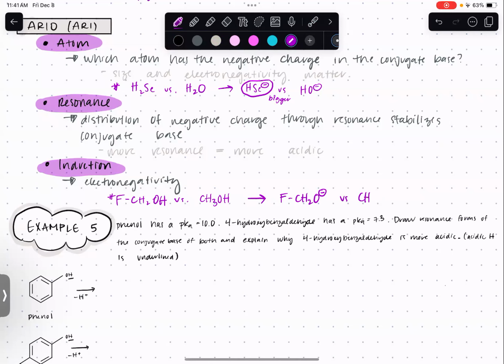Same, we get the negative charge on this one. And the way that we determine which one is more acidic is by looking at this fluorine here. So this fluorine is extremely, extremely electronegative. So it's going to kind of pull this negative charge and distribute my electrons around my molecule, which again makes it more stable, makes it more likely to give away its electrons. So that's because fluorine is more electronegative.